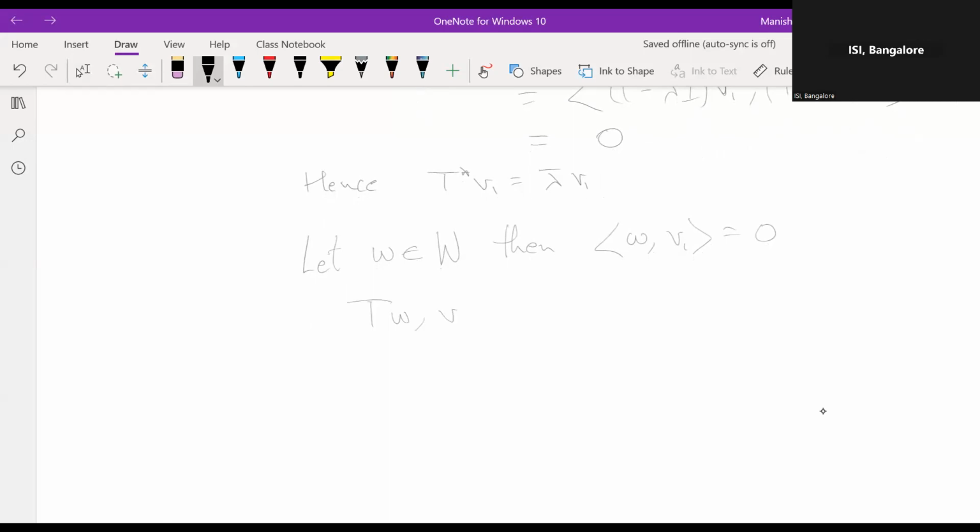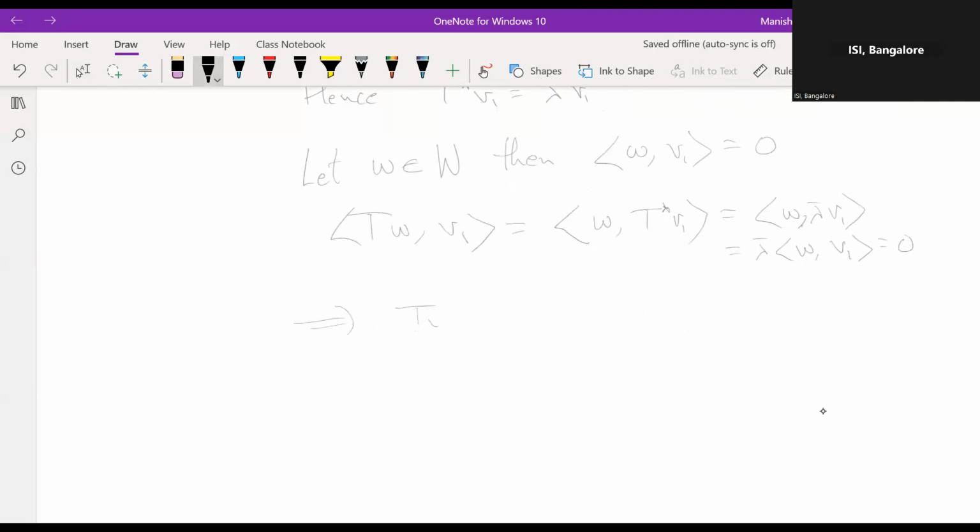So ⟨TW, V1⟩, the inner product, is the same as ⟨W, T*V1⟩. But now since we have proved that T*V1 is just λ̄V1, this is ⟨W, λ̄V1⟩, which is λ ⟨W, V1⟩, which is 0. So this tells you that TW belongs to W. Okay, and then the rest of the proof is the same.